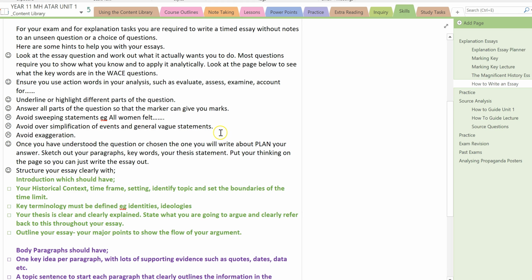Don't simplify your events. You can't wing this. You've really got to have that clear evidence and really know what you're talking about here. So that is something you need to avoid. Don't exaggerate. Don't overinflate your statistics. Don't make these big exaggerations, like, sorry, I'll just rethink that one.